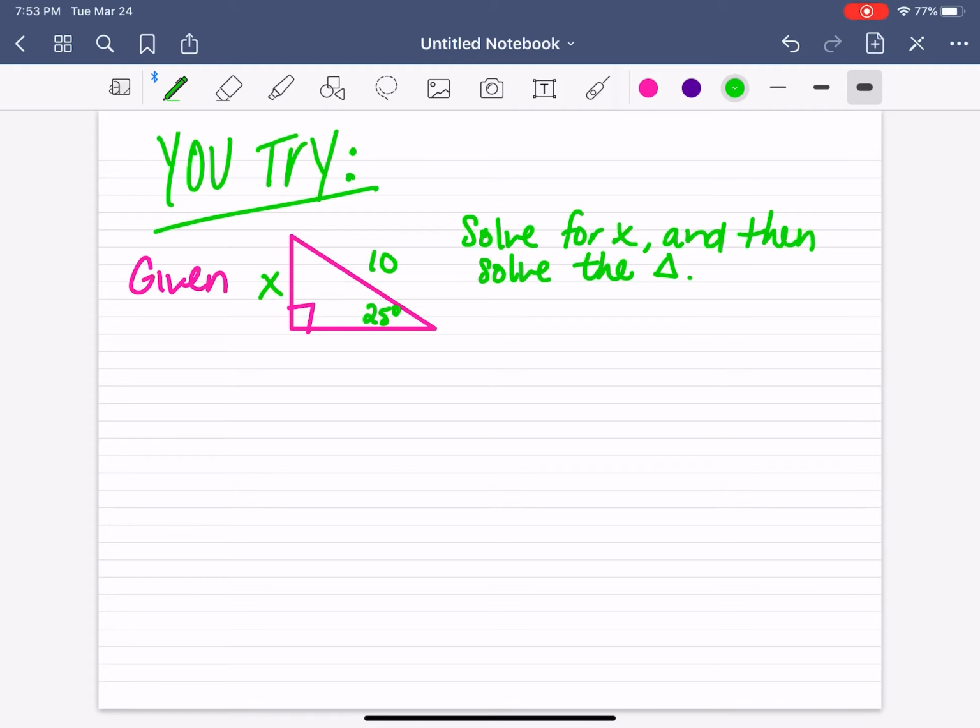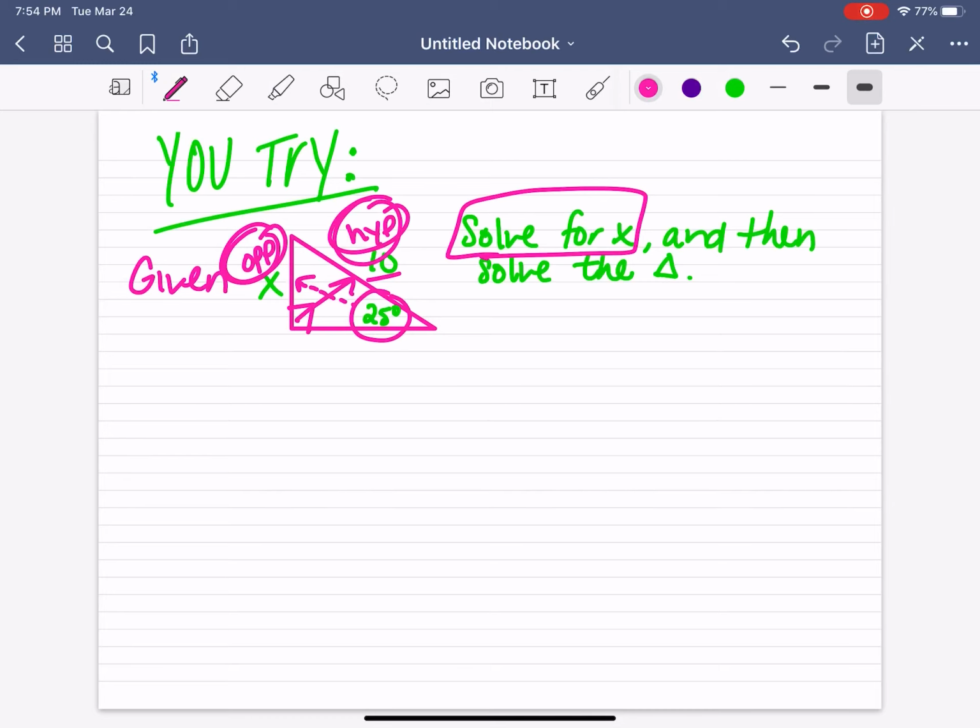So let's first solve for x. To solve for x, let's label our triangle. Here is the given angle, so the side right across from it is your opposite. And the side across from the 90-degree angle is your hypotenuse. So we were given the opposite and the hypotenuse.